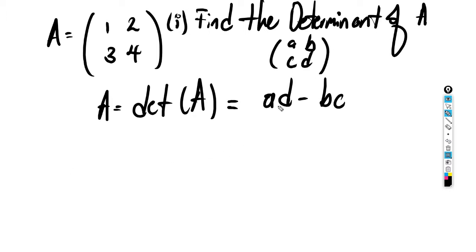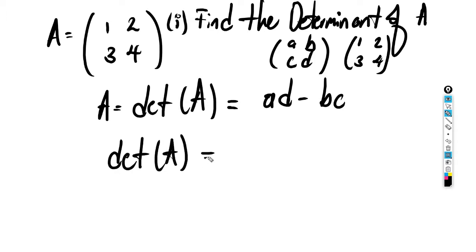But in this example, 1 is A, B is 2, C is 3, and D is 4. So that's all we're going to have to do for this. So the determinant of A is, we're going to put the one where A is multiplied by D, which is 4, minus, what's B?